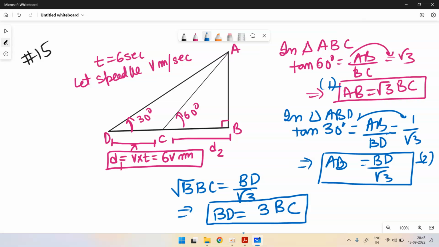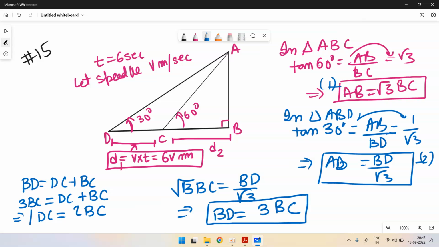Now, what is BD equal to? BD is equal to 3BC. Now, BD equals DC plus BC. The value of BD is given as 3BC, equal to DC plus BC, which implies that DC is equal to 2BC, which is twice of BC.